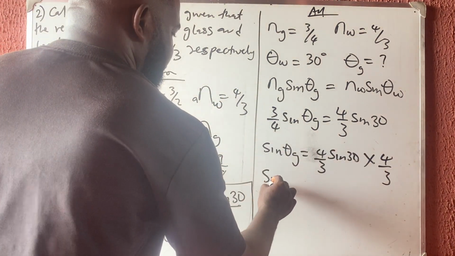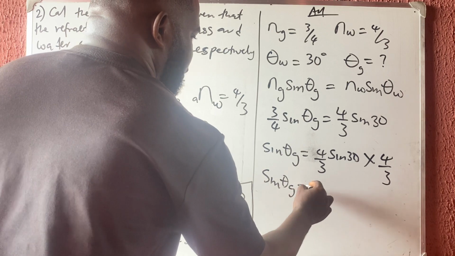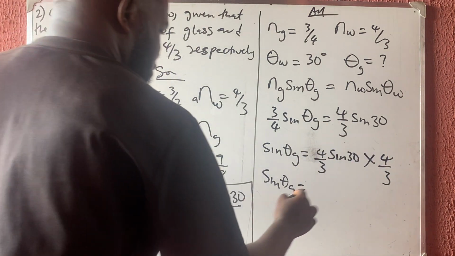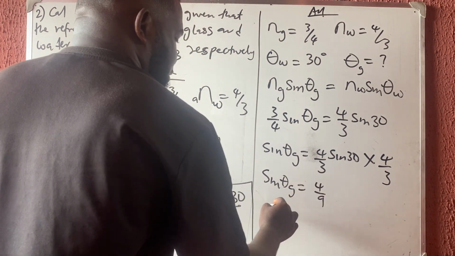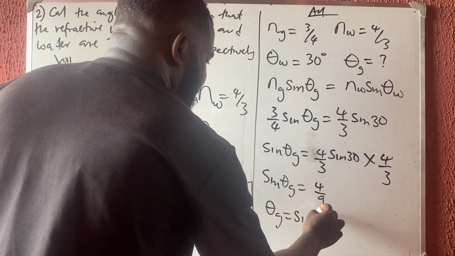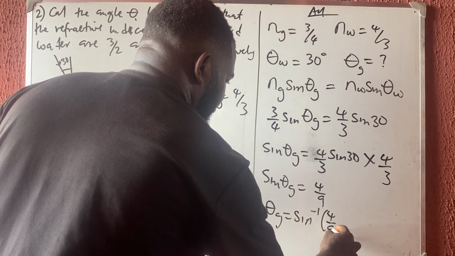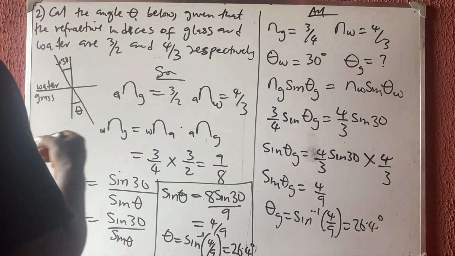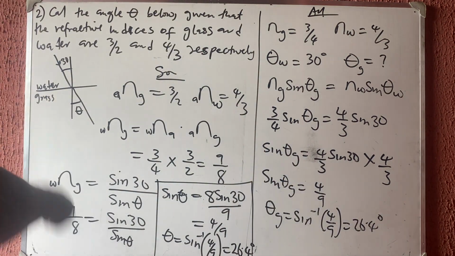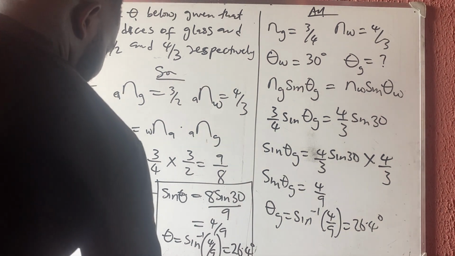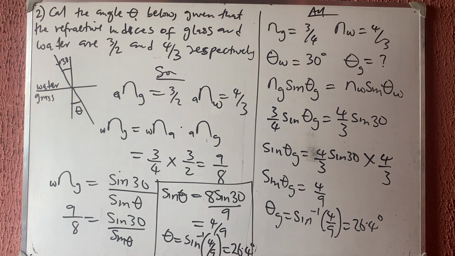So sine theta g is equal to 4/9. Therefore, theta of g will now be sine inverse of 4/9, which is the same thing we got as 26.4 degrees. So any way you like, you solve it, you will still get the same result.